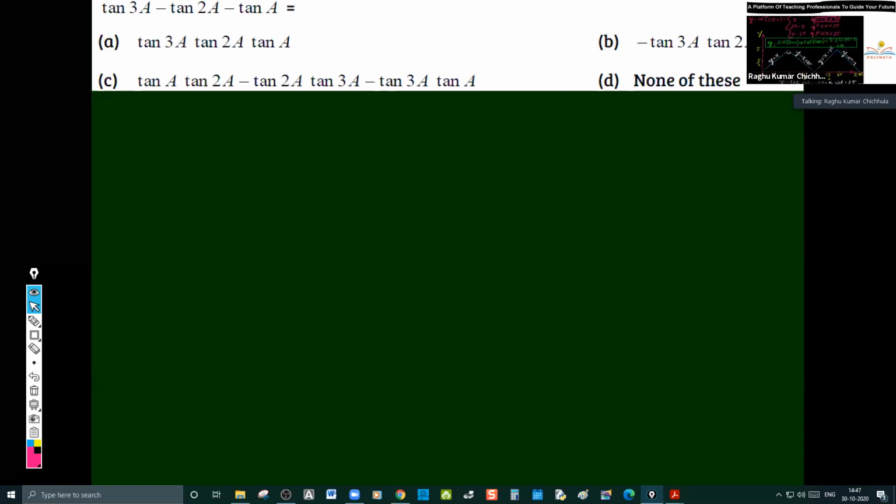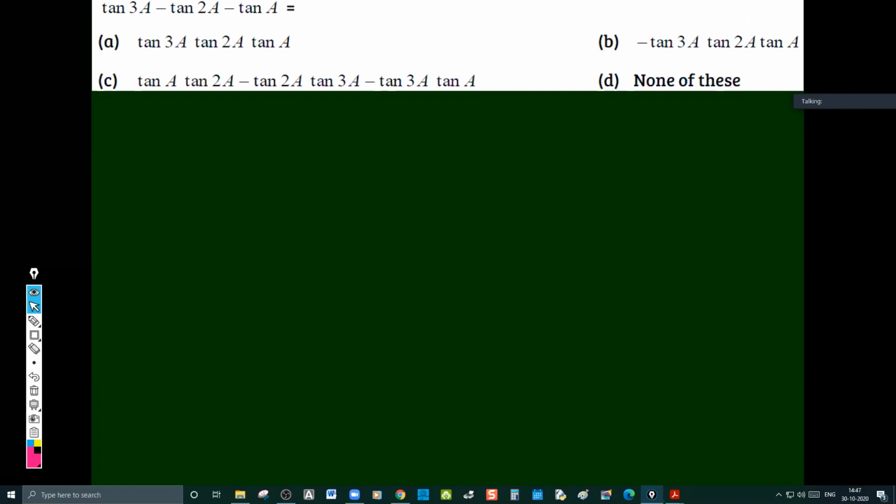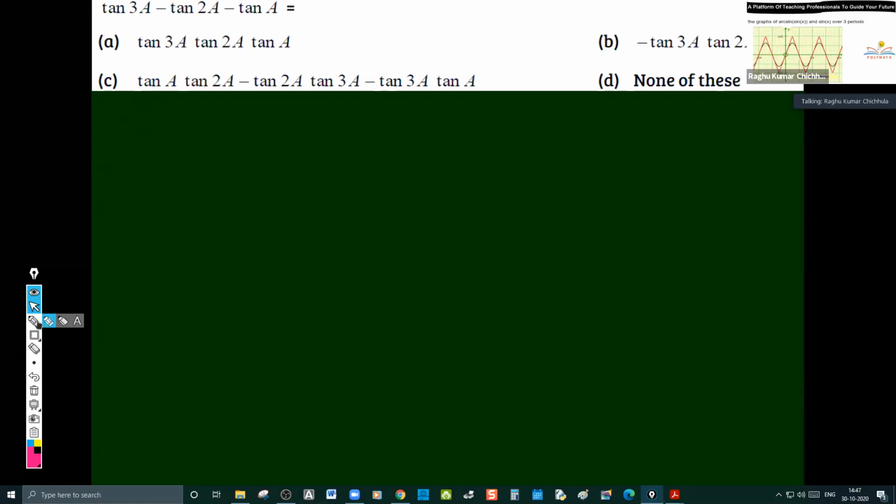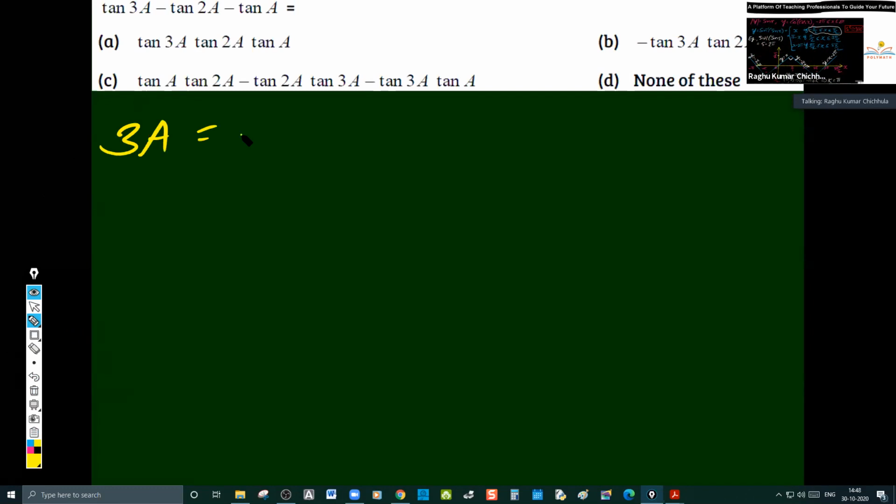In terms of the given angles only, 3A, 2A, form a relation between those three. Yes, sir. What is it? Tan 3A. No, where to begin? That's what I'm asking you. You have to take 3A is equal to 2A plus A. Are you there, Maurya?